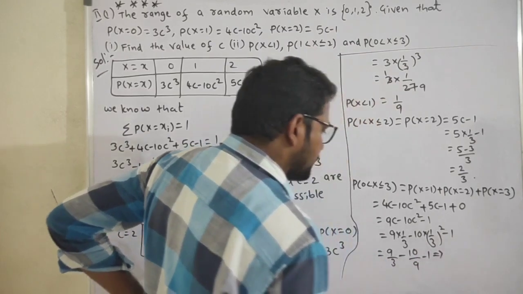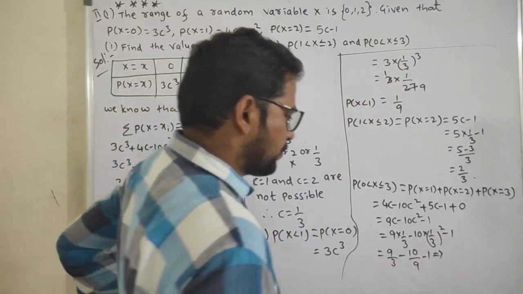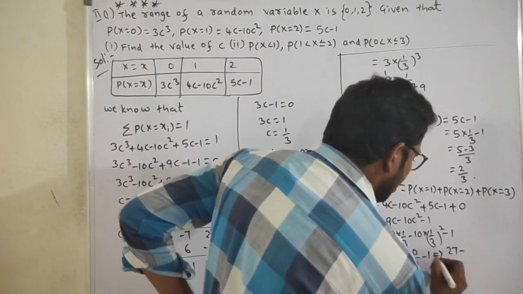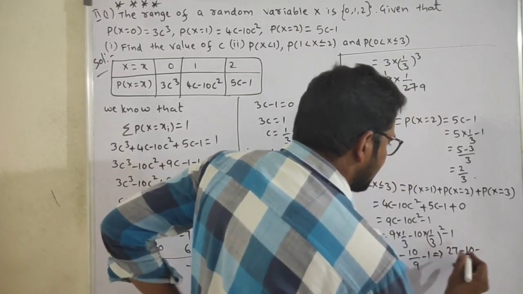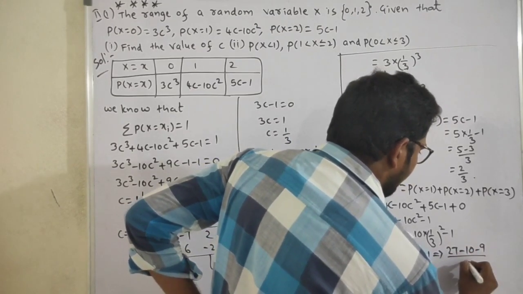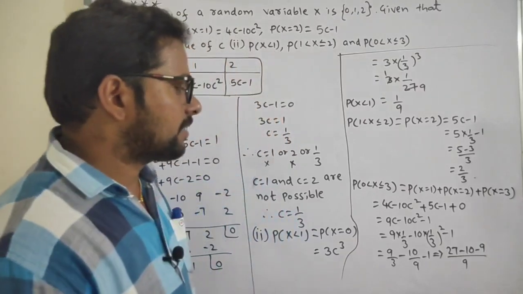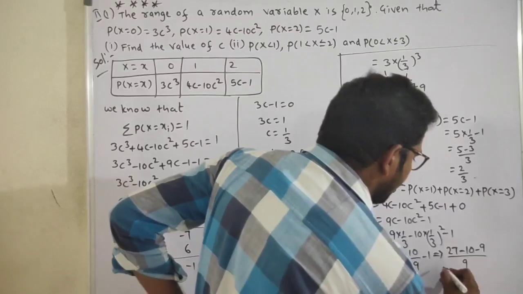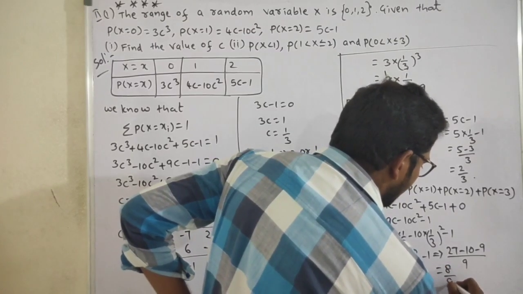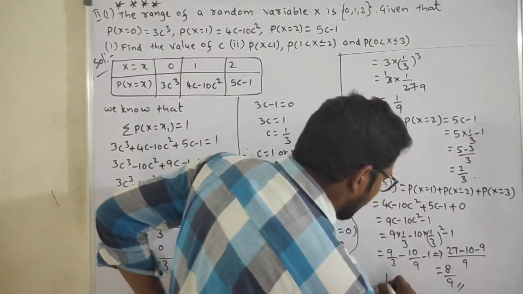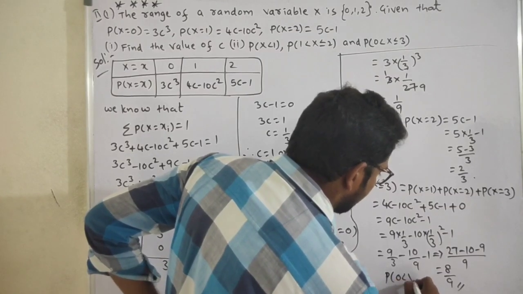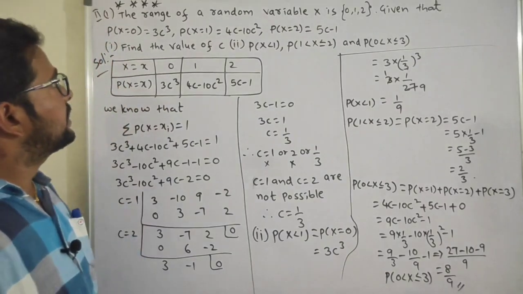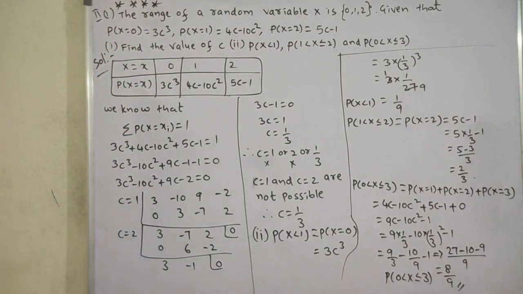So what LCM do we get? LCM is 9. So multiply this by 3, 3 nines are 27. 27 minus 10 minus 9, 9 ones are 9 by 9. 27 minus 10 minus 9 is 27 minus 19, that is 8, 8 by 9. This is the value of the third one. P of 0 less than x less than or equal to 3 is equal to 8 by 9. This is a very, very important long question.